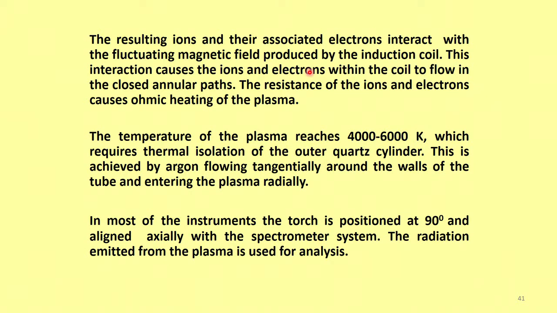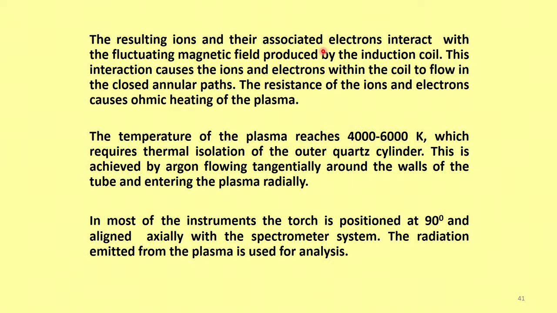So, the resulting ions, obviously as I have told you earlier, the temperature in the plasma would be somewhere around 6000 to 10,000 degree centigrade. You have to set up the plasma, let it run for about 5 or 10 minutes, so that the plasma will stabilize to give a steady temperature in the toroidal space, and then you introduce your sample.